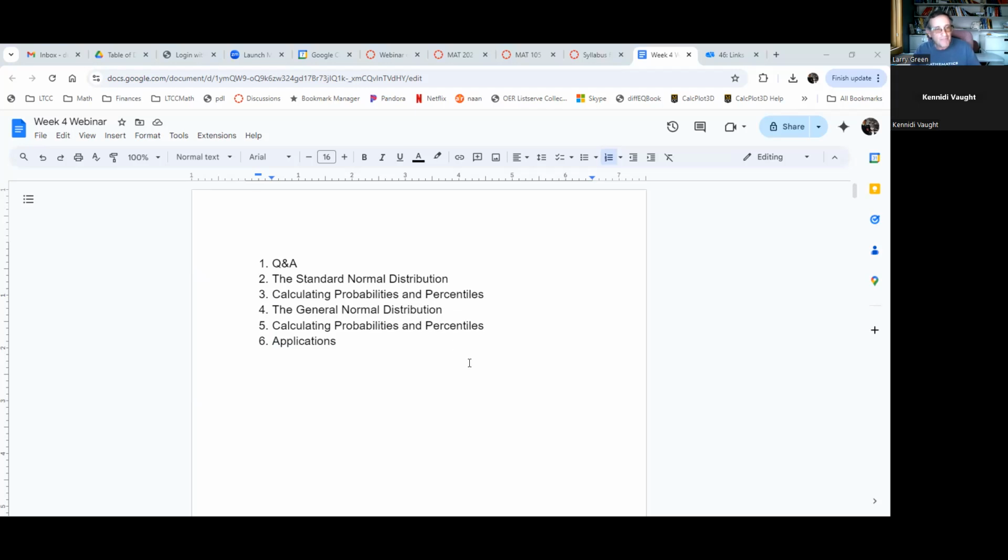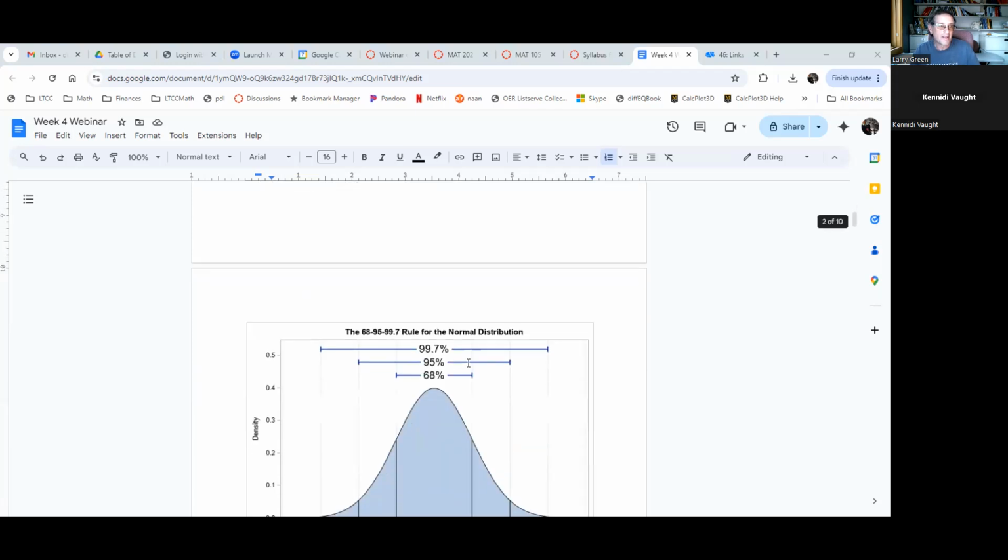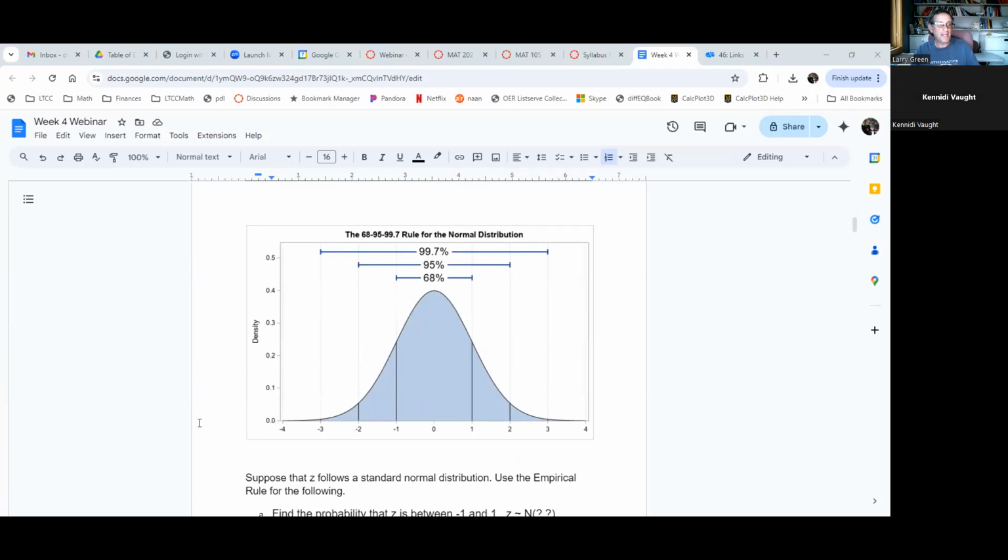So let me show you a picture of it. This is a picture of what's called the standard normal distribution. It's got a few things. One is that it's bell-shaped. So it starts low, comes up high, and then goes back low again in a nice smooth way.